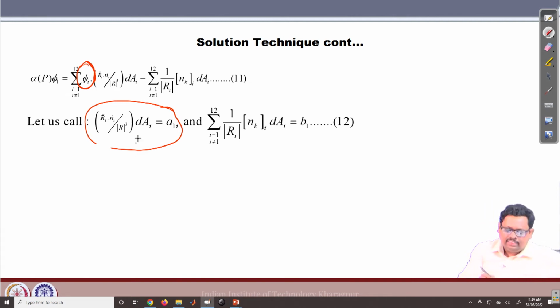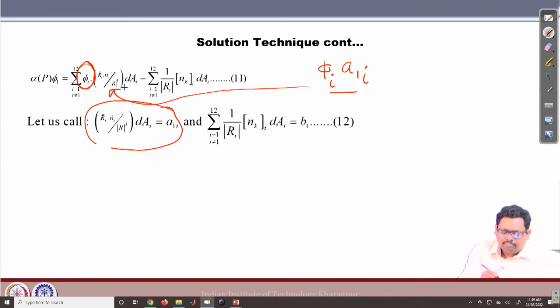Therefore, this first coefficient I can write as phi i into A1i, that is how I can write this term, right. I have to use this coefficient because this part is unknown to me. If this part were known to me, then everything would come as a number, right.